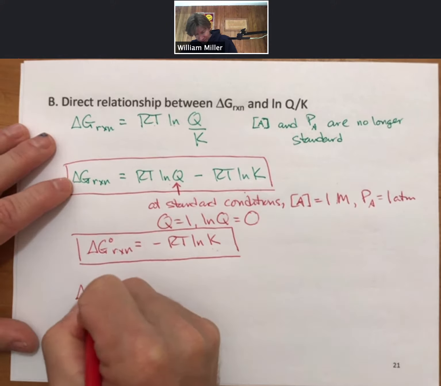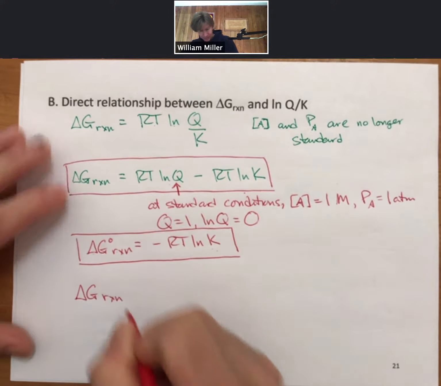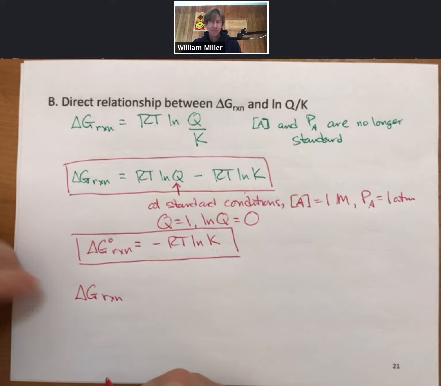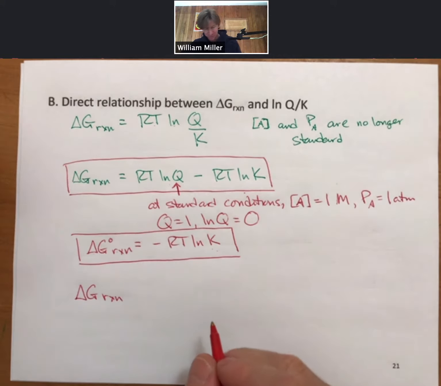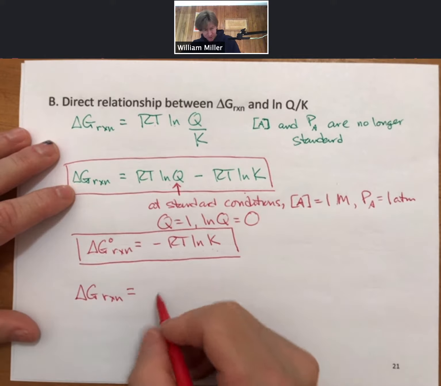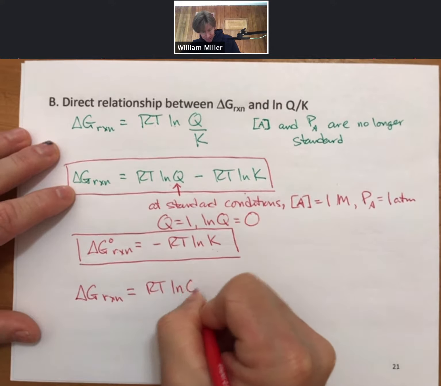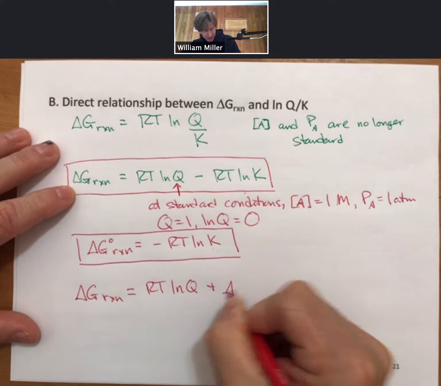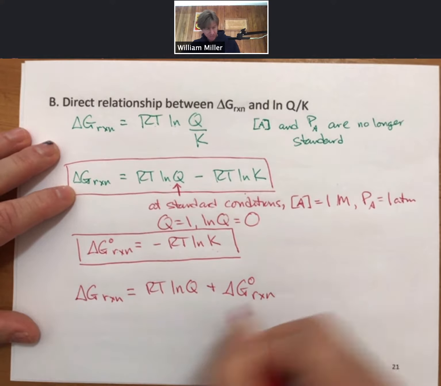So delta G reaction with no not, I know, sort of a double negative, but bear with me, equals RT ln Q plus delta G naught reaction.